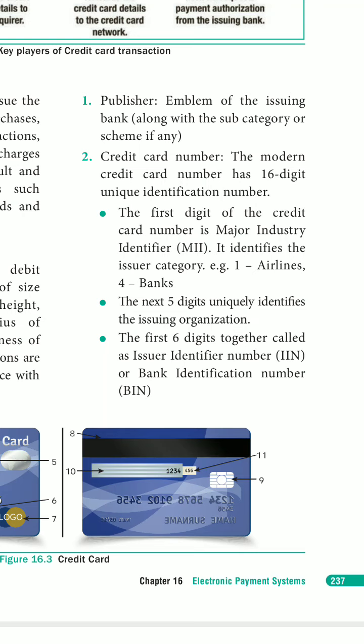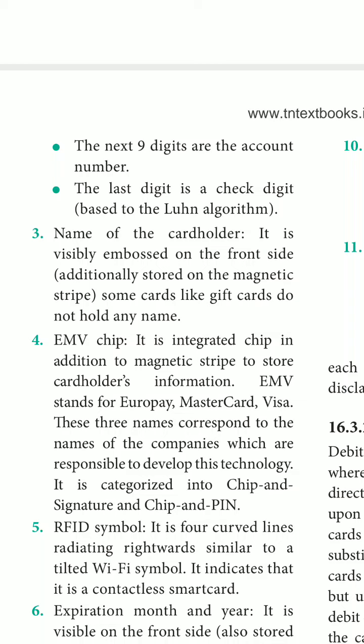So the next nine digits are the account number, and the last digit is the check digit based on the Luhn algorithm. Okay, so this will be an algorithm; based on that you will be given a digit. Okay, so the name of the card holder will be given there, and the EMV chip, electronic microchip, will be there, so that you cannot change the content of it.